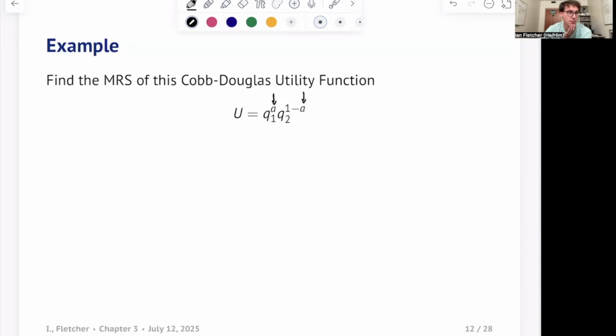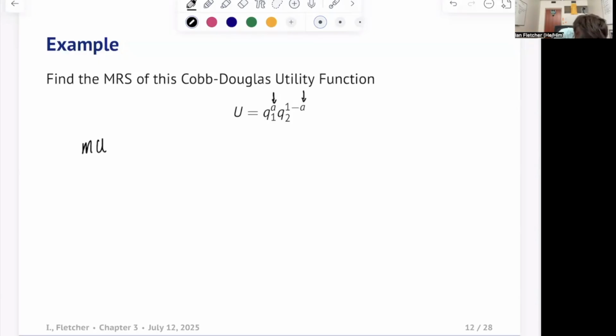And so first, let's take our marginal utility of 1.